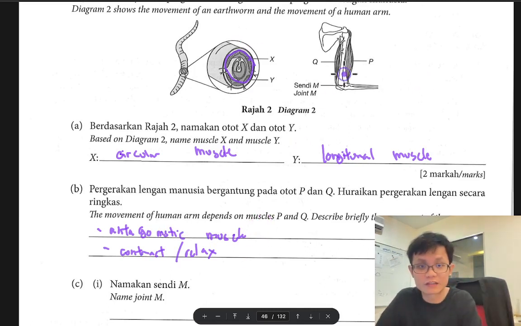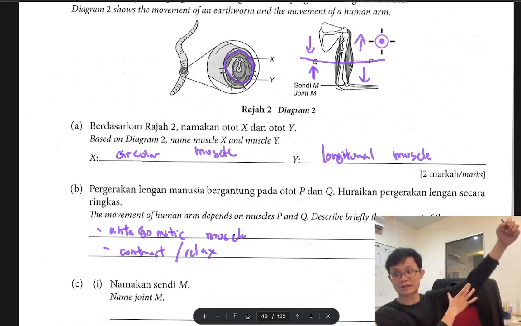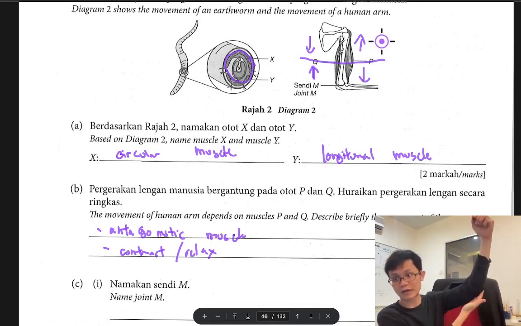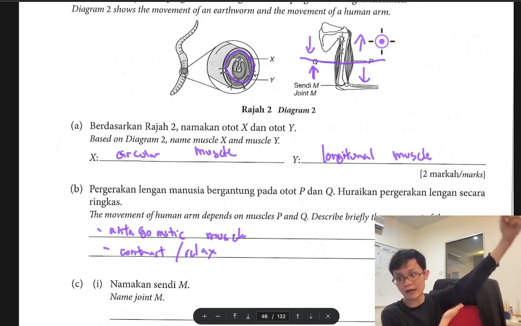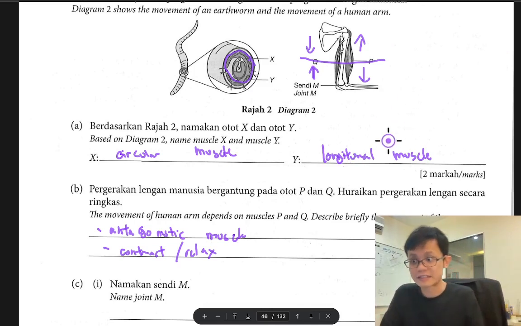For example, if this goes up, this goes down. If this muscle goes up, this one must go down, become long. So this is called the antagonistic muscle. Okay, then you get 1 mark.